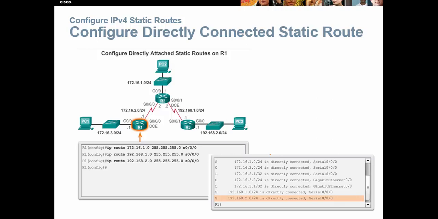Then we have IP route 192.168.1.0 255.255.255.0 going out of serial interface 0/0/0 as well. So those are going out as well as the 192.168.2.0. So you see they're all leaving router 1 out of serial interface 0/0/0. And you can see that it is statically assigned, and you see that when we do the show IP route or show route.